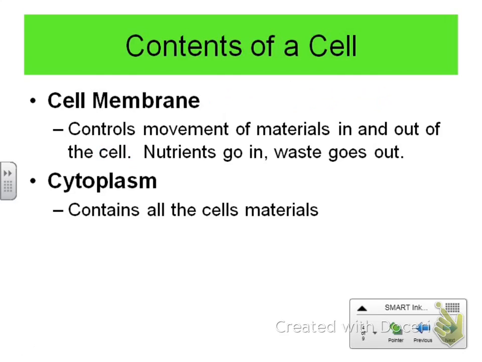All right, next one we're going to talk about is the cytoplasm. Cytoplasm, somebody quickly tell me what letter that is. E? Okay, if that's the letter E, the cytoplasm is what contains all the cell materials. As you're looking at your pictures on 226, you see these big organelles, and the cytoplasm is everything in between all of those organelles.